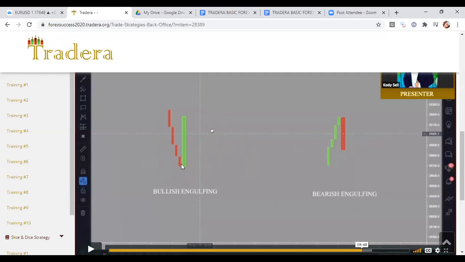If this hit down at a support level, and I see that this candle is closed and it's engulfing, yes, I'm in the trade. And remember, we buy from support, and we sell from resistance.